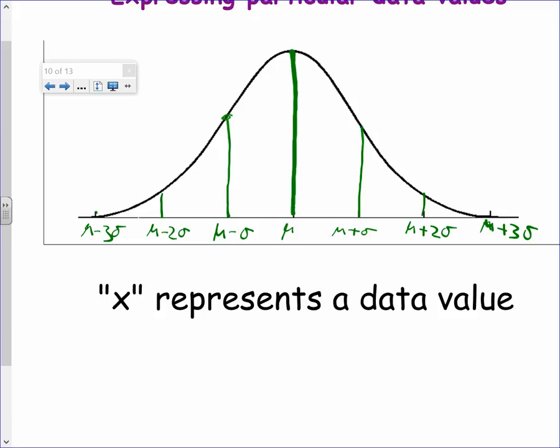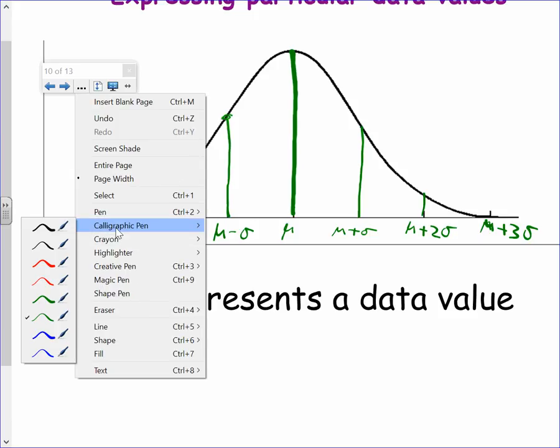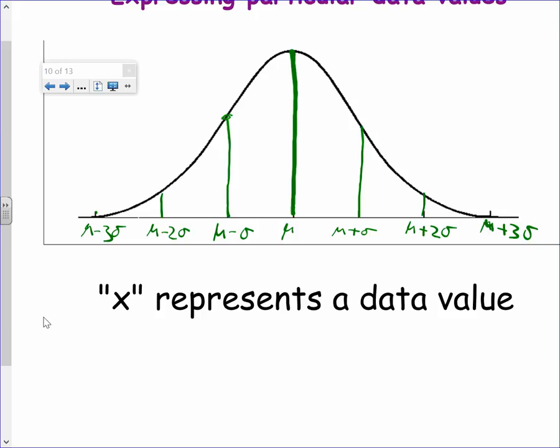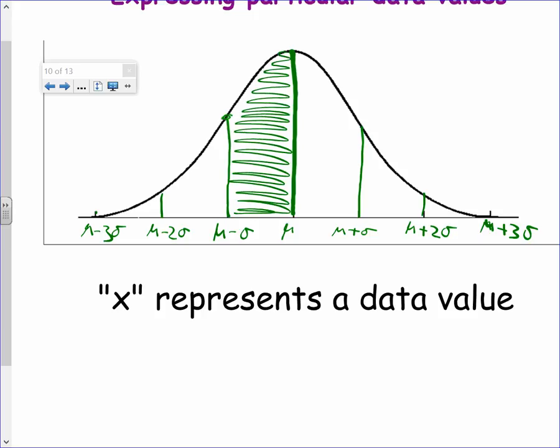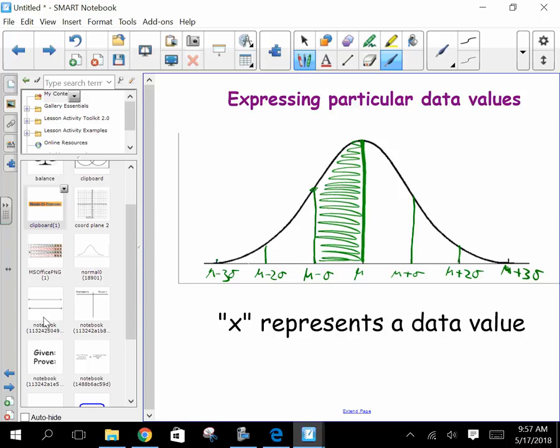Let's allow it to be expressed by x. So if I said, what if a data value is in this region here? Go ahead and shade that in. What if a data value x was in that region? Go ahead and shade that in for me.